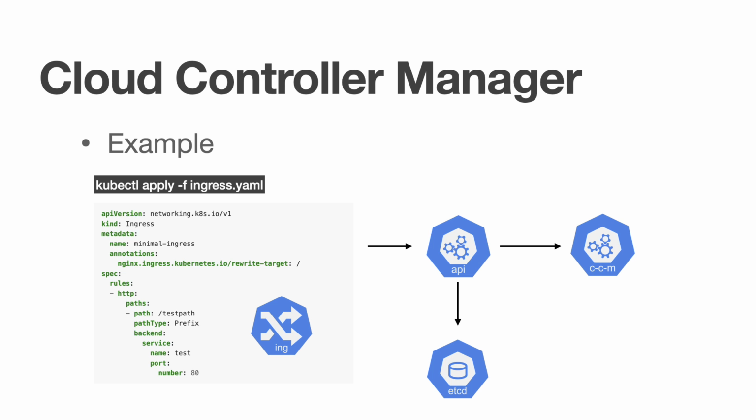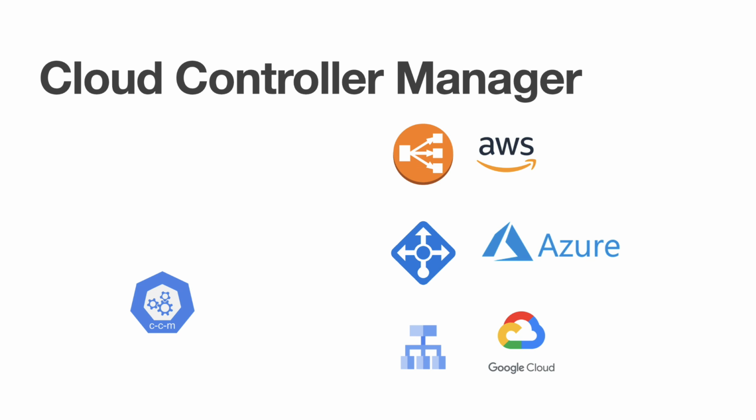Now, first, this request goes through the API, and then that gets stored, and then the Cloud Controller Manager kicks in. Depending on whether you are running Kubernetes on AWS, for example, it creates the load balancer, which is an ALB, Application Load Balancer.